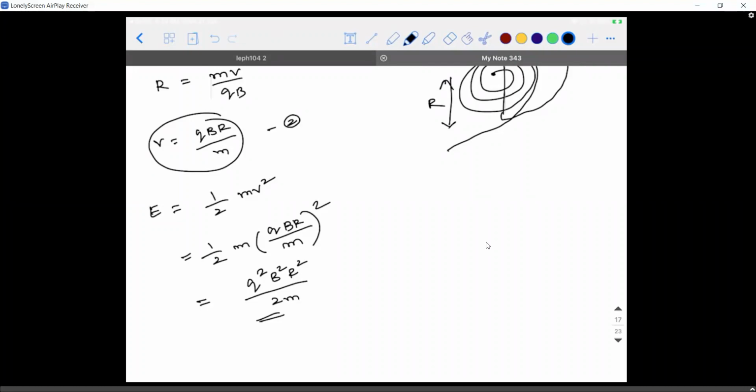So this is the kinetic energy of the particle, sir. Yes, this is the kinetic energy of the particle by the time it is leaving the cyclotron.